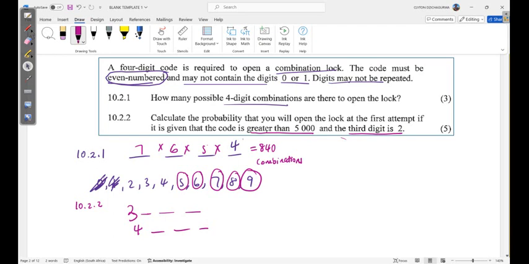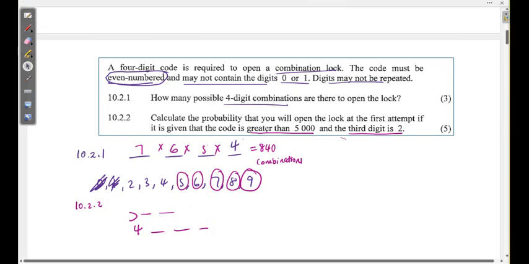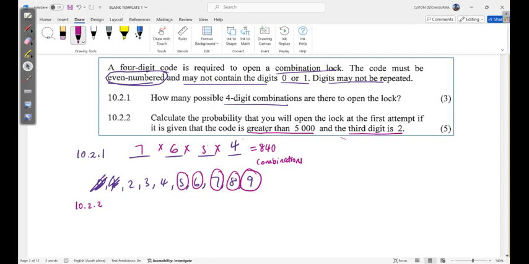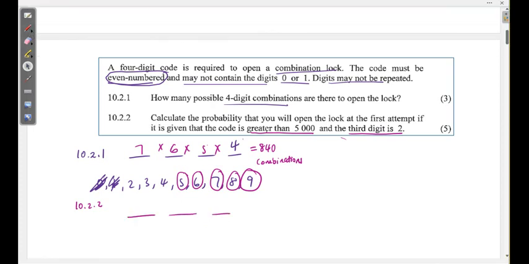So let's go through it step by step, right? So let's say our code, so it means we'll have 3 options. So this is our code here. We shall have 3 options, right? Remember, it could start with a 5, a 6, or a 7.